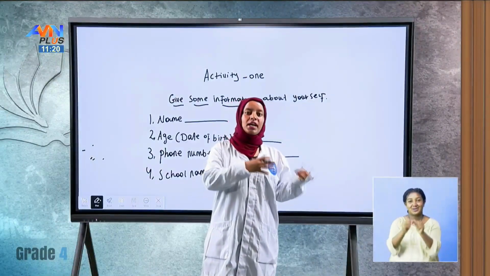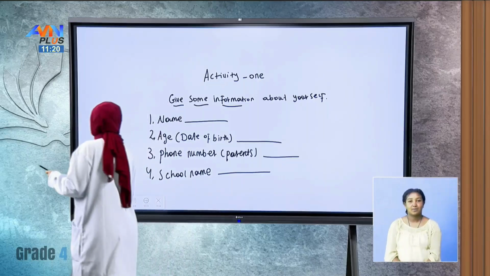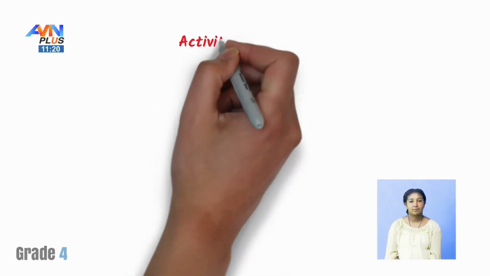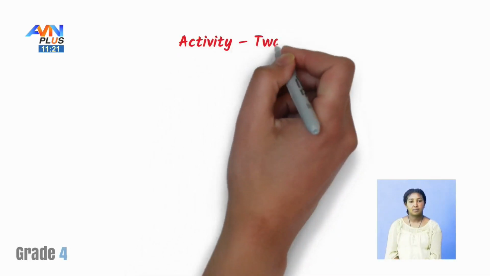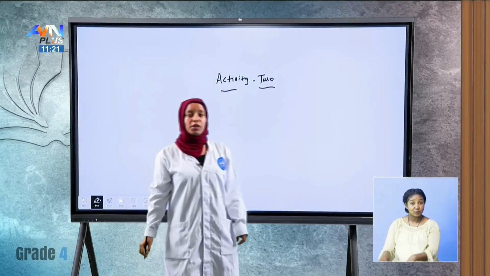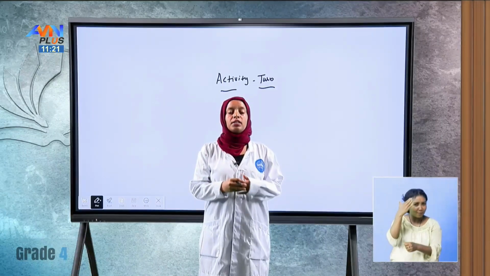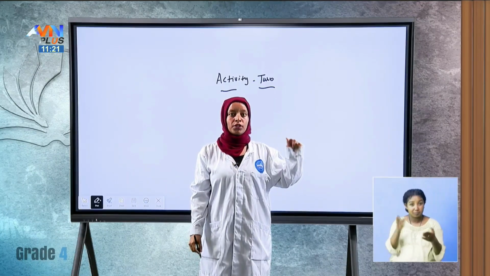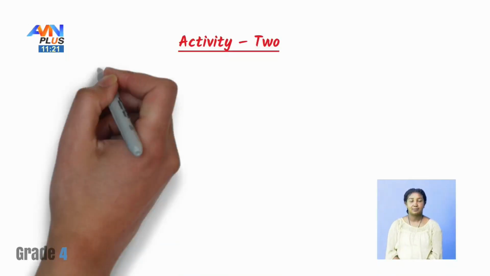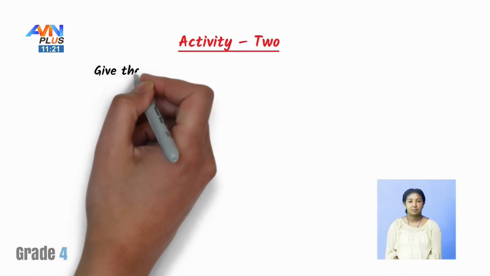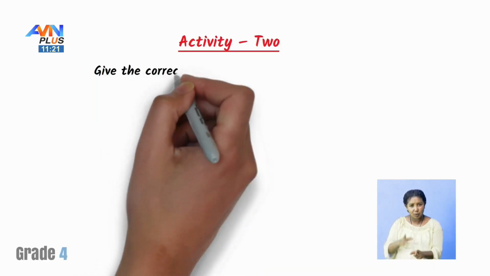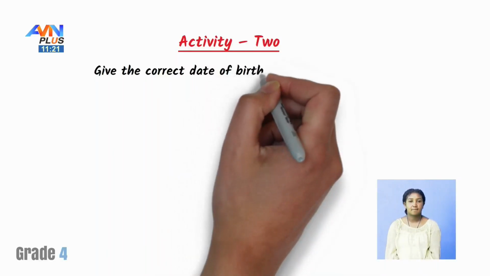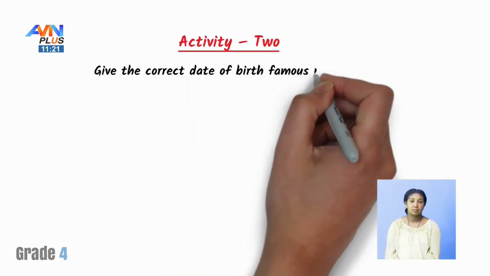Let us continue with activity 2. Students, let me give you some famous Ethiopian people, and fill the blanks with their date of birth only. Give the correct date of birth.